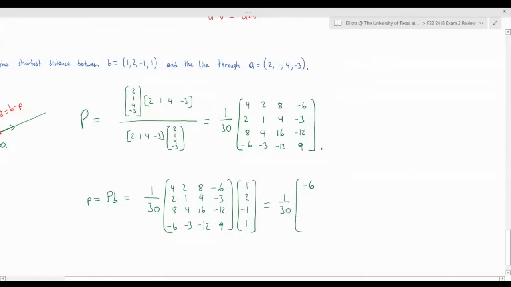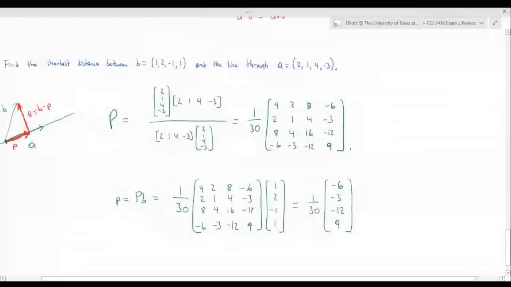The next one will be 2 plus 2 is 4, minus 4 is 0, minus 3 is minus 3. 8 plus 8 is 16, minus 4 is 12, so minus 12. Let's just check it to be sure. Yeah, the last one will be 9. Okay, that's interesting.